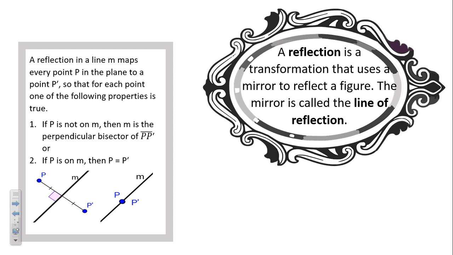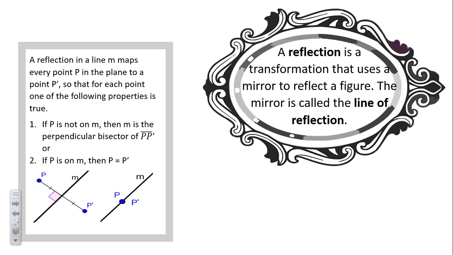Eyes up here. What do you notice about this piece of this drawing? I like that. It's perpendicular. So P to P prime, that segment is going to be perpendicular to our line of reflection. It is the upside down T.